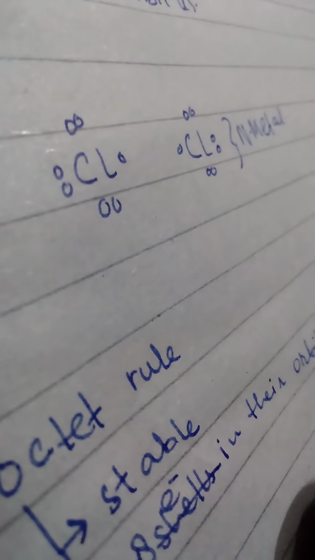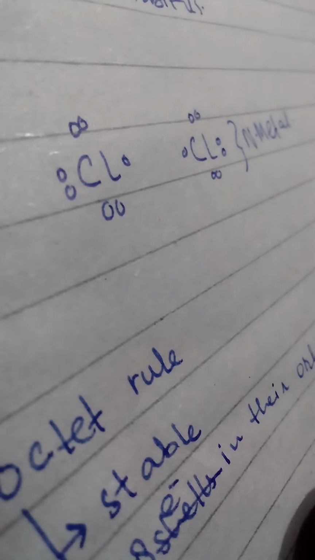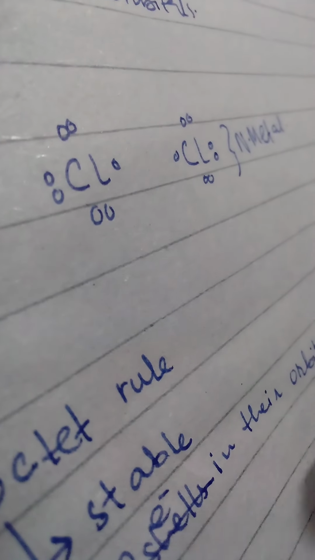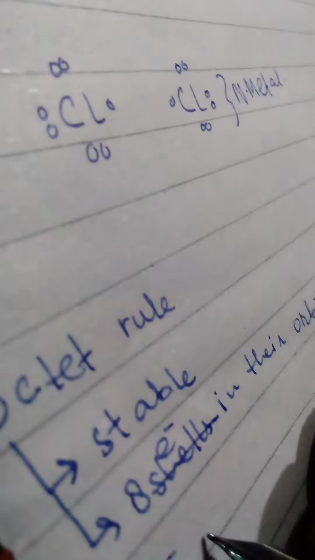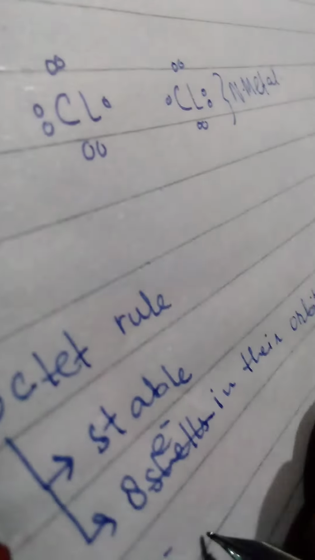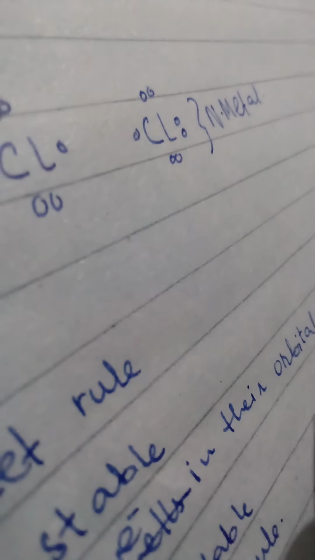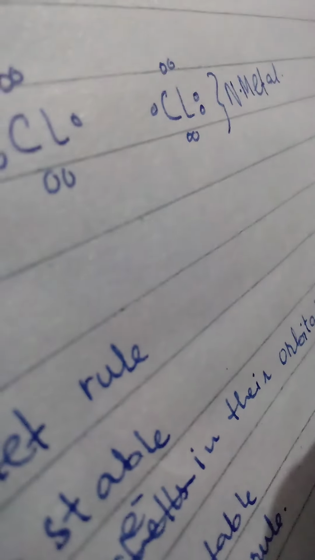When an atom has 8 electrons in its orbitals, it is known as a stable atom, and it has completed its octet rule. In simple language, if any atom has 8 electrons in its last shell, it is known as an octet atom.